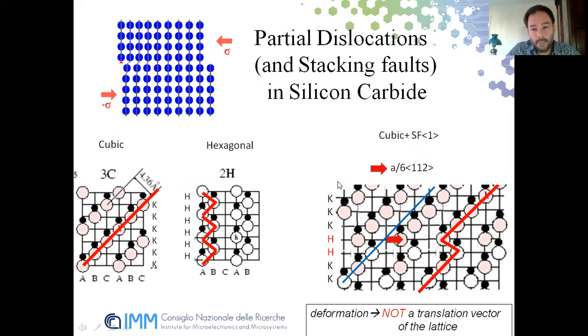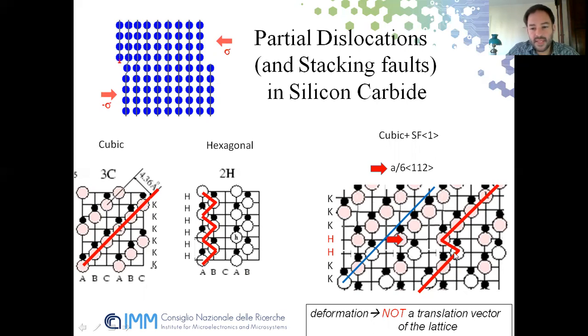What happens when we apply a stress? Atoms aligned on a blue line here can move along one vector, that is the Burgers vector of the stacking fault, and move from this position to this other position here.